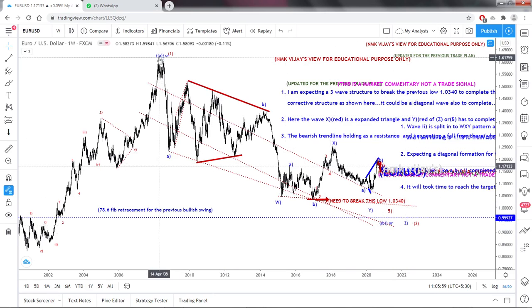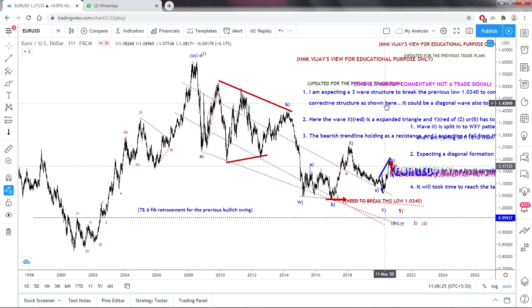Previously I took this as a W, this as an X, and this as a Y. This is again an X, then Z. That is why I have placed this as Z. So now this is A, B and C completed. So one correction is ended, then another connecting wave for that X, and again one more wave to the downside from the 3-wave structure. Once this double correction is ended, again we are in that bullish swing.